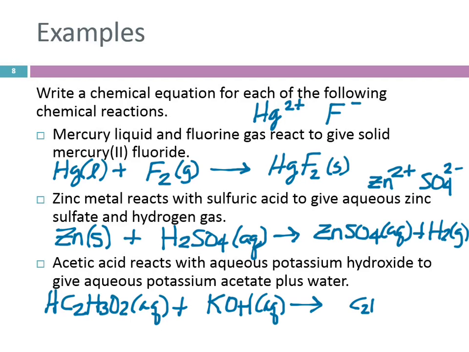So C2H3O2 is acetate, and it's potassium acetate, so we just need one of the potassiums. It says that's aqueous, plus water. What's the formula for water? H2O. What's the state of water?